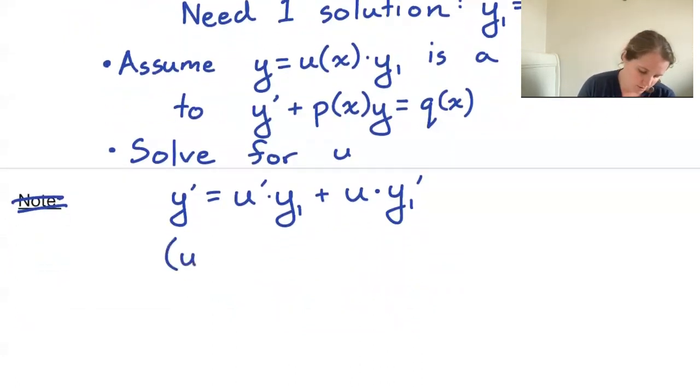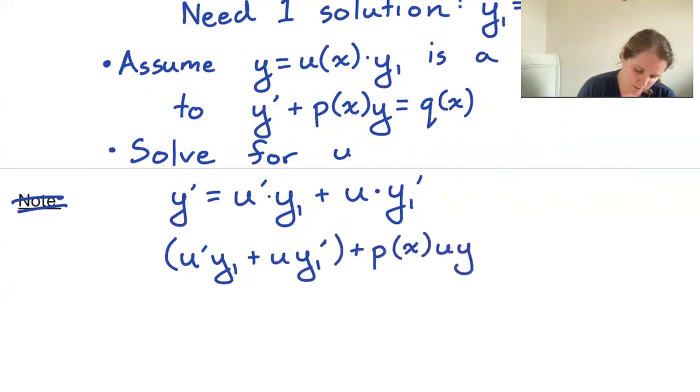So we have u prime y1 plus u y1 prime plus p of x times u times y1 is equal to q of x.